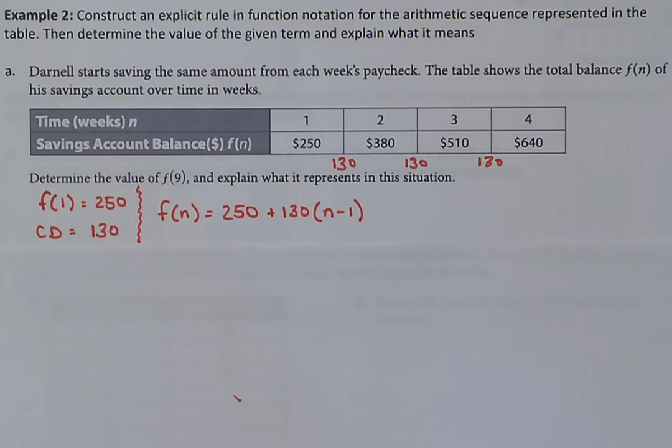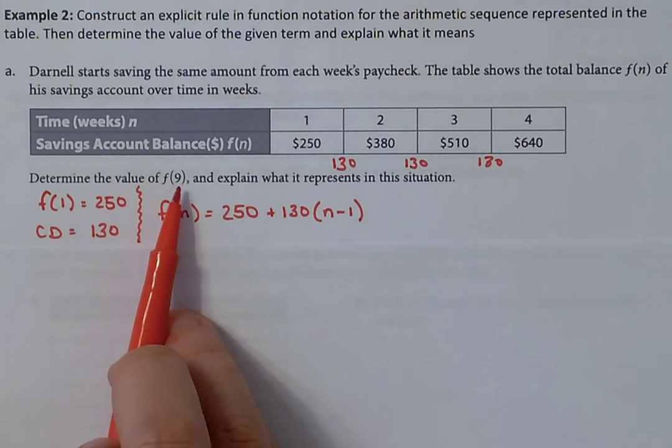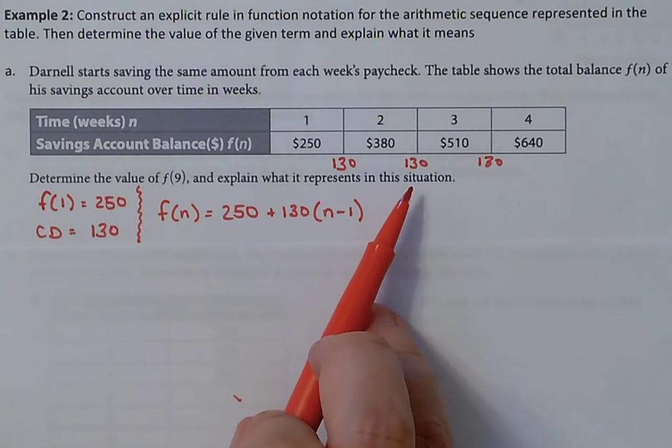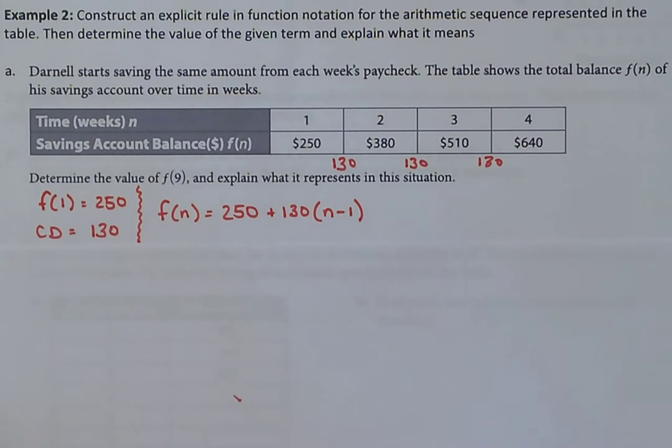From here, I then just need to finish answering. This wants us to determine the value of f of 9 and explain what it represents in this situation. So that means I'm going to plug 9 in for n and solve.